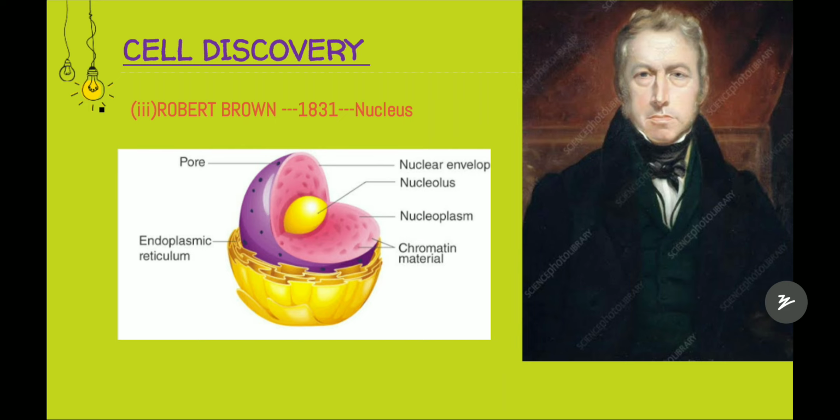It contains the nucleolus, nuclear pores, nuclear envelope, nucleoplasm, chromatin material, and endoplasmic reticulum. All these things are there in the nucleus, right? So Robert Brown, a scientist, in 1831, discovered the nucleus.